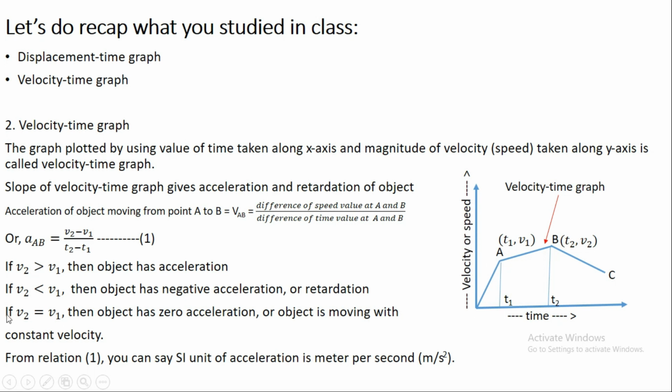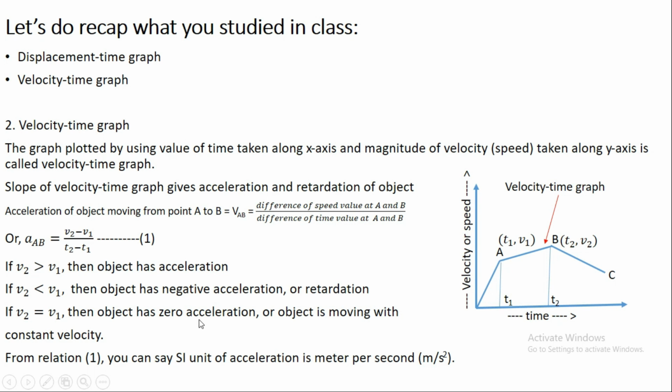In that case the object is supposed to have no acceleration. From equation 1 we can say the SI unit of acceleration is meter per second squared. Here it must be squared. Please notice the unit written in brackets.